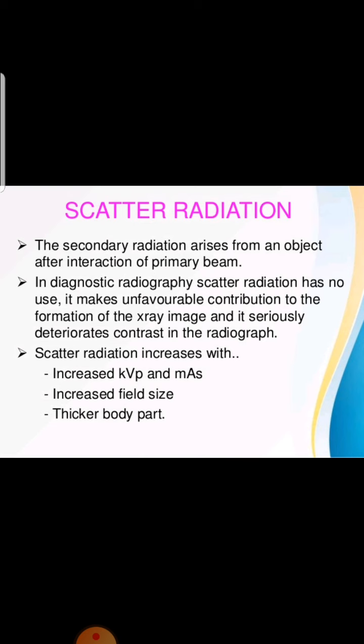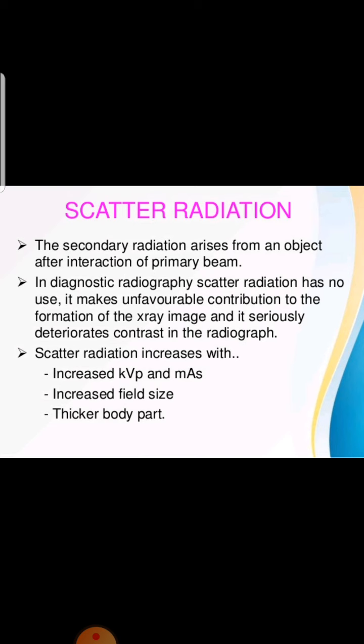In diagnostic radiography, scatter radiation has no use. It makes an unfavorable contribution to the formation of the X-ray image, and it seriously deteriorates contrast in the radiograph. There are factors that we have already discussed many times that can increase the amount of scatter radiation, and these are the kVp, mAs, the field size, and the body habitus.